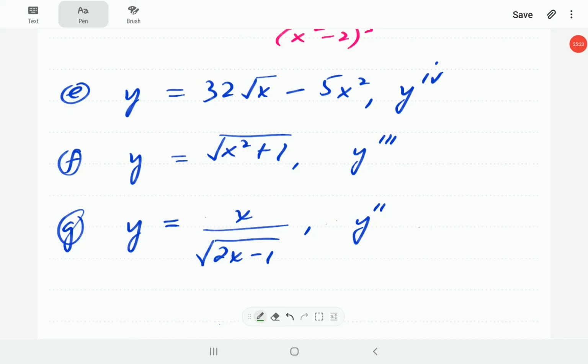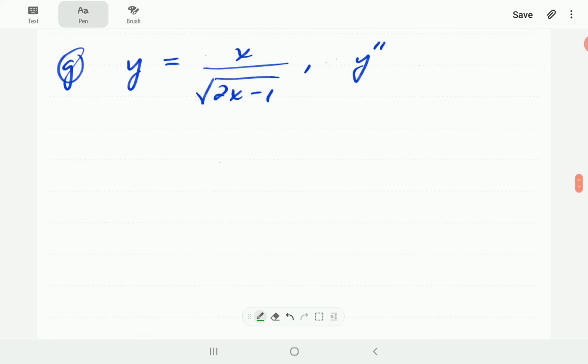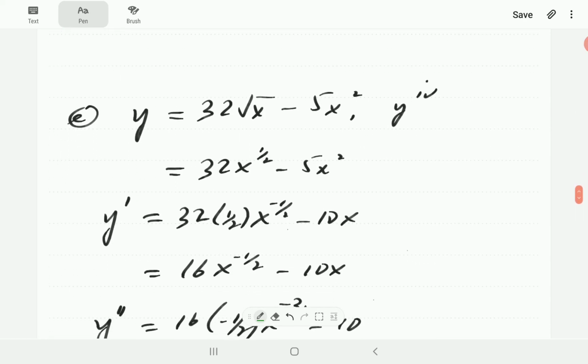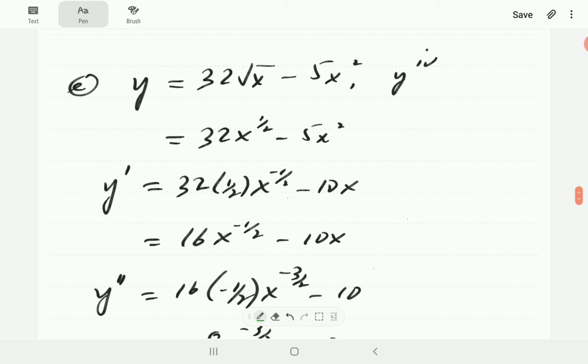All right, we're now going to scroll down to our answers. So for E, we have got 32 square root x minus 5x squared. We're looking for the fourth order derivative. The first thing we're going to do here is to write square root x as x to the power half, and then these are just powers, so we're going to use the power rule, multiply by the power, subtract 1.